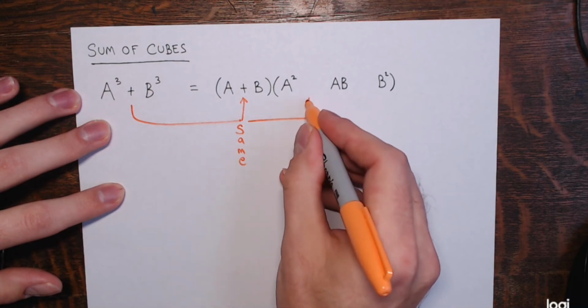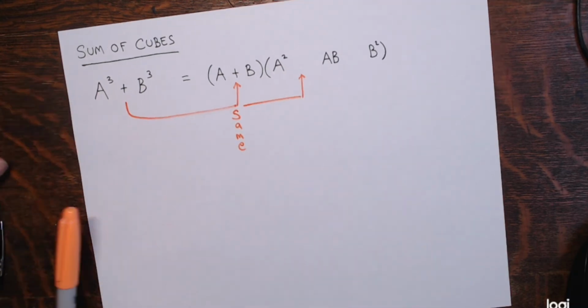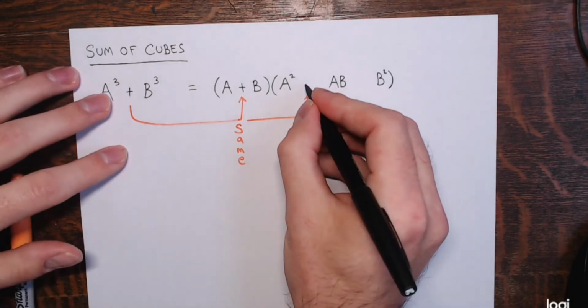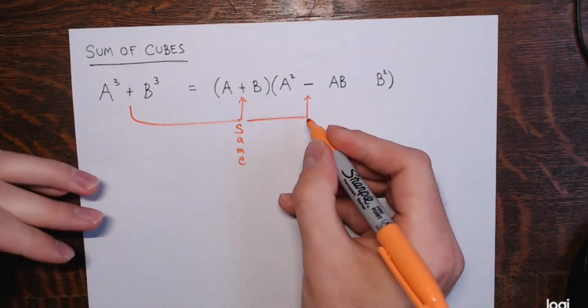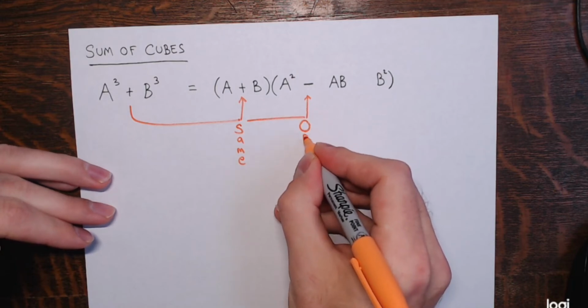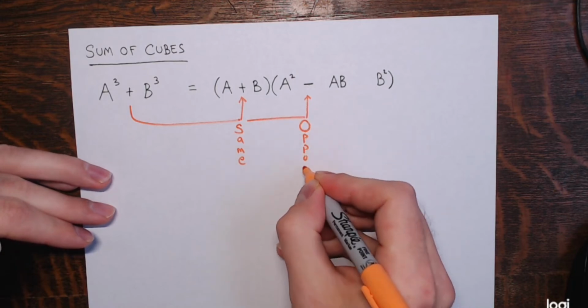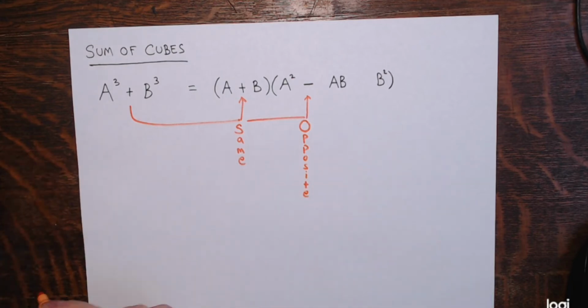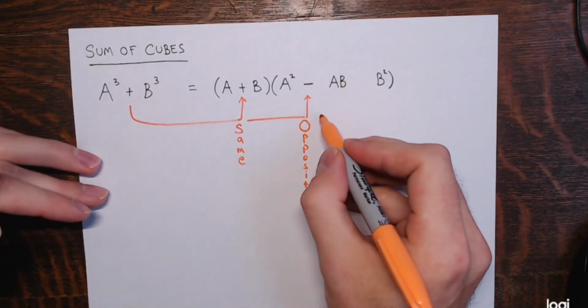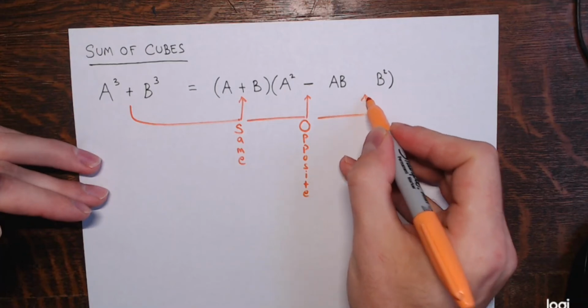The next sign is going to be the opposite. So if there's a plus here, there's a minus there. Opposite sign. And then between the last two terms is always a plus sign.